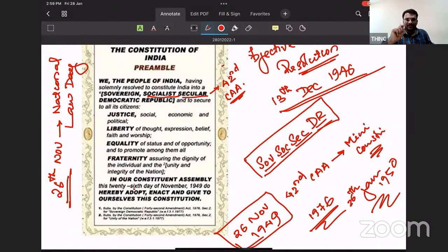The words socialist, secular, as well as one more word, integrity, have been added. Unity was earlier there, unity of the nation; now it has been termed unity and integrity. So these three words were introduced by the 42nd Constitutional Amendment.